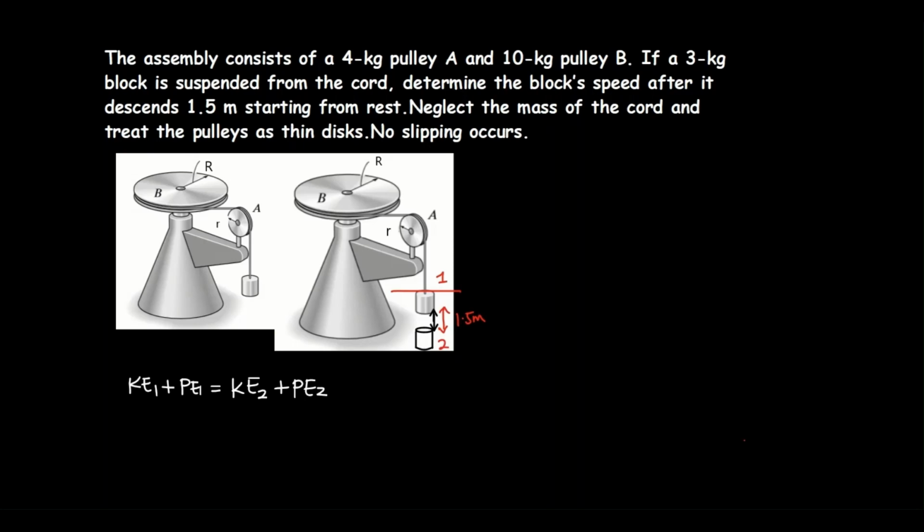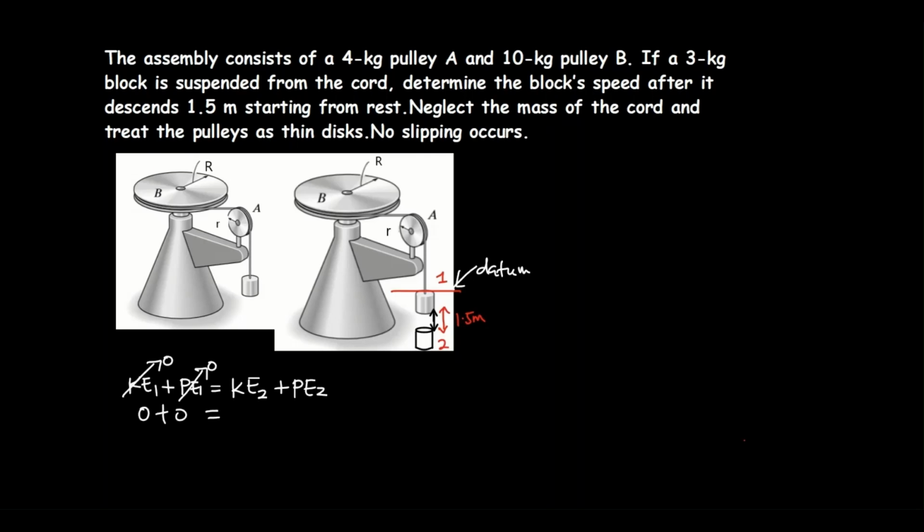So you're going to have the initial kinetic energy to be 0. If I consider the datum to be at position 1, which is this point here, then the initial potential energy of the block will be 0. So we have 0, 0 here.